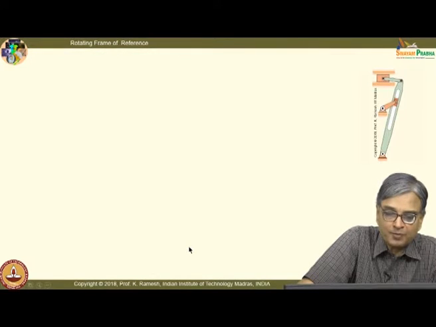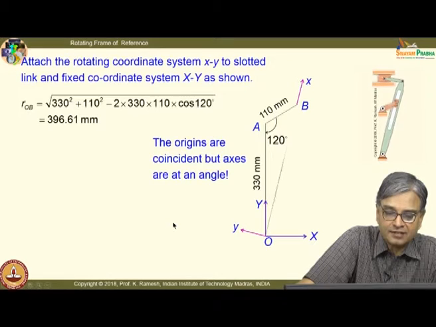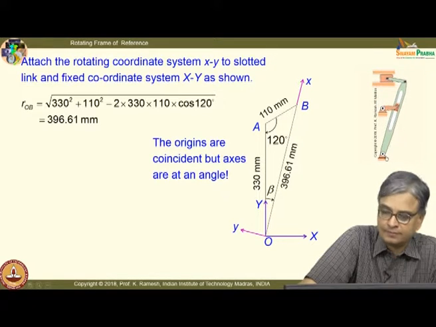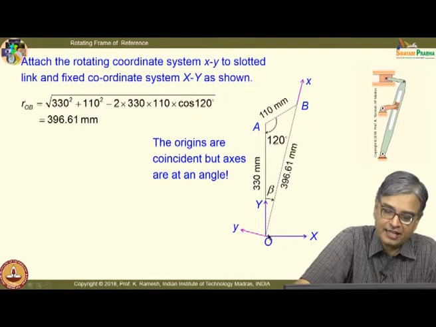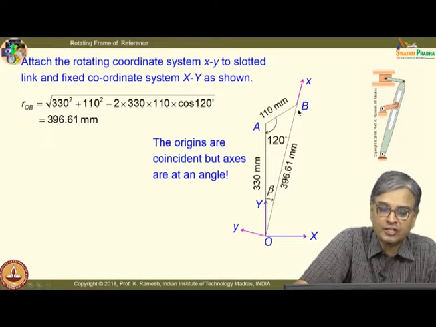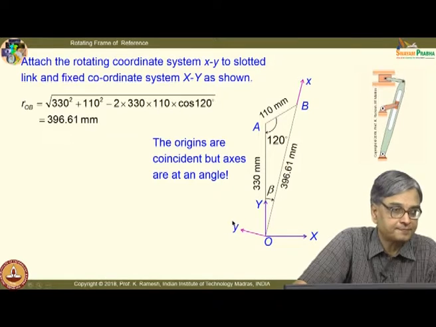So, in all these problems you have to decide what is the fixed axis and the rotating axis. So, fix the axis at point O and then have the axis aligned to the member. You have small x and small y along the slotted member and perpendicular to that.